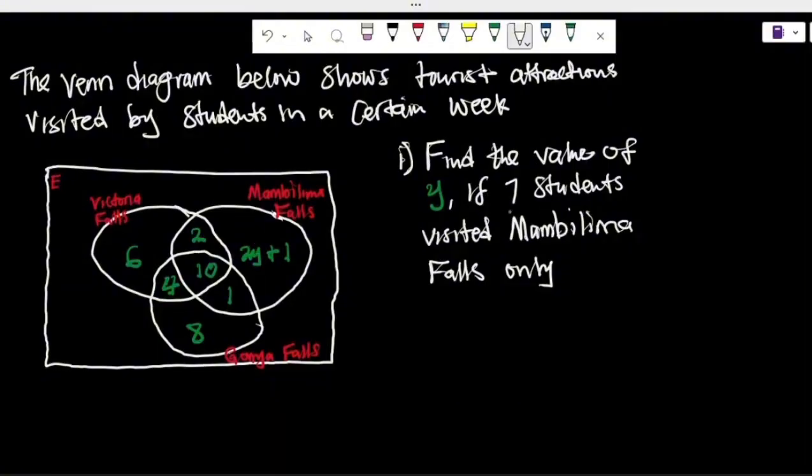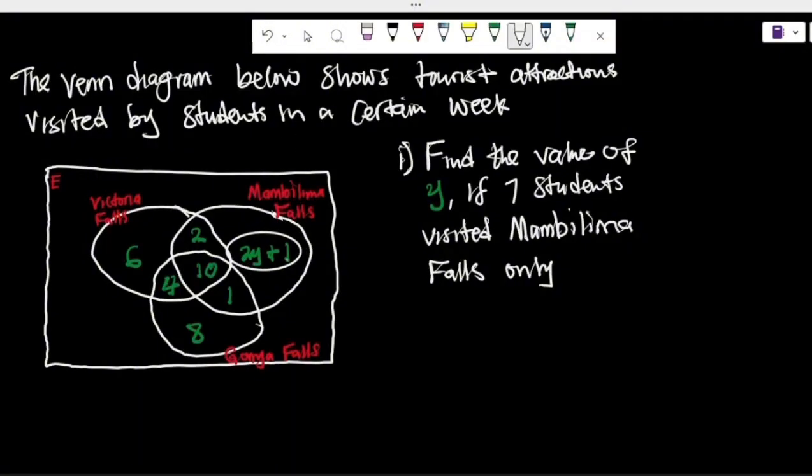If 7 students visited Mambillima Falls only. Now the key here is only. If 7 students visited Mambillima Falls only, then you know the principles of the sets, that the only students that visited Mambillima Falls without any other tourist attraction are here, 2y plus 1 students.